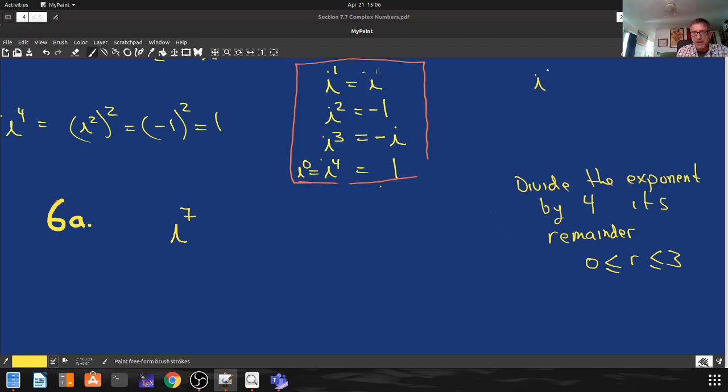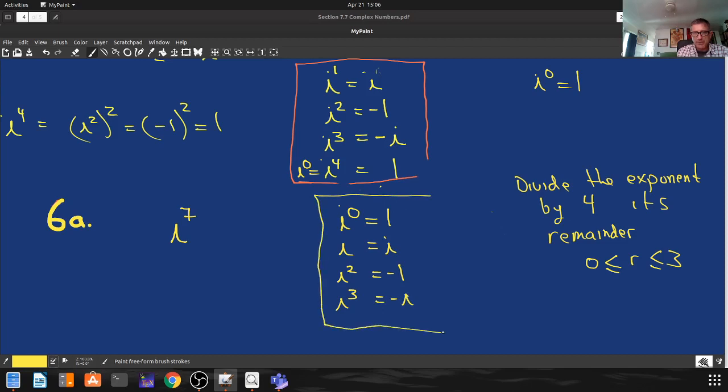So we can say I to the 0th is equal to 1. Then use the table up here. I'll give you a new table. I to the 0th is equal to 1, I is equal to I, I squared is equal to minus 1, and I cubed is equal to minus I. Use this table. So let's find out what I to the 7th is equal to.